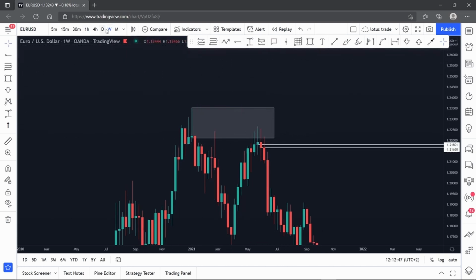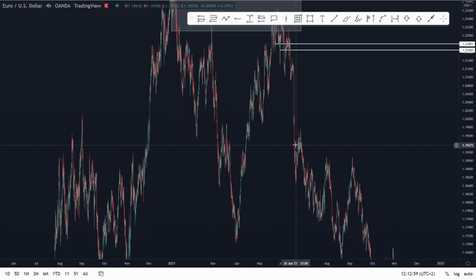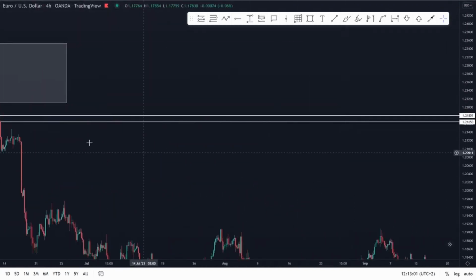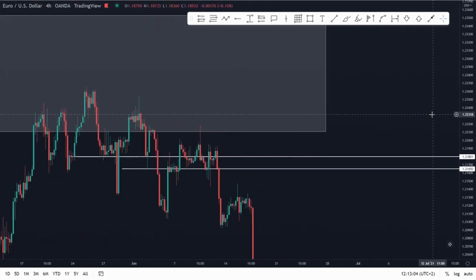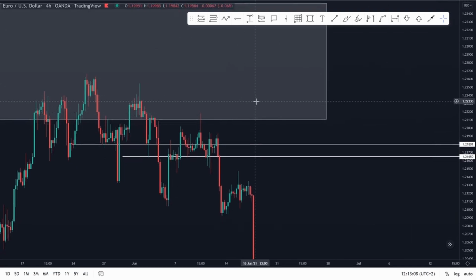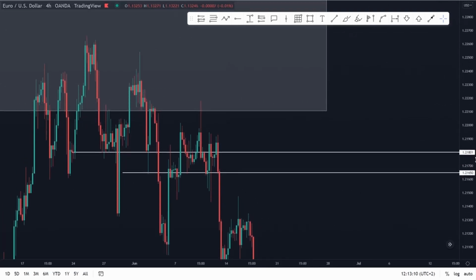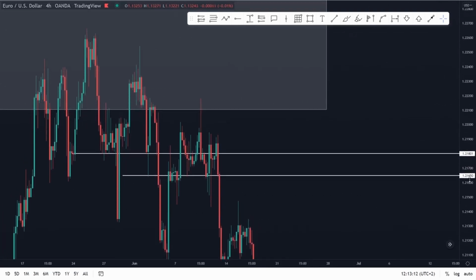But we want to reduce the risk because we are on the weekly right now. We can enter throughout the 4 hours. So in this area over here, we will find the market structure. In this case, we were looking to enter from here and here.